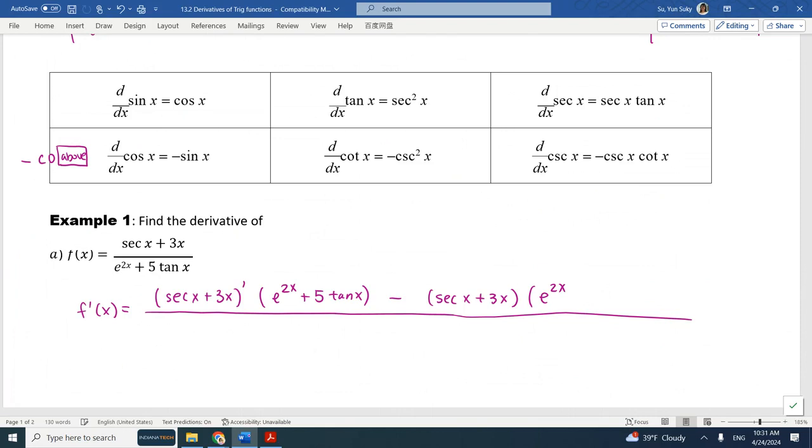So e to the 2x plus 5 tangent x prime. And over what? V squared. E to the 2x plus 5 tangent x squared. Right, everybody?